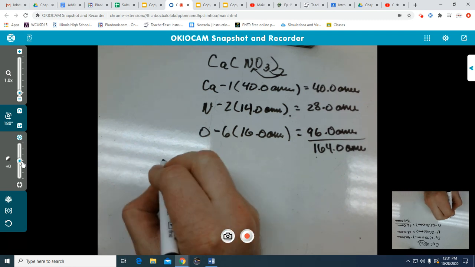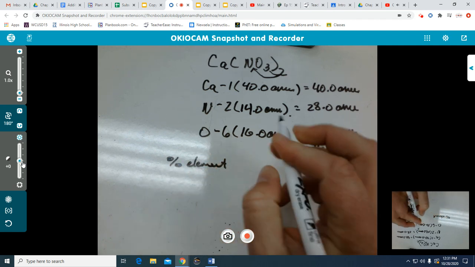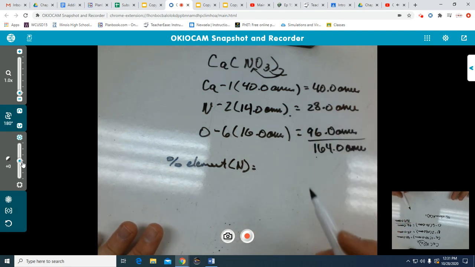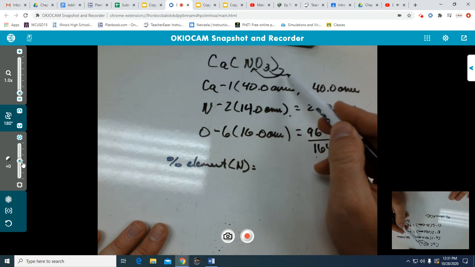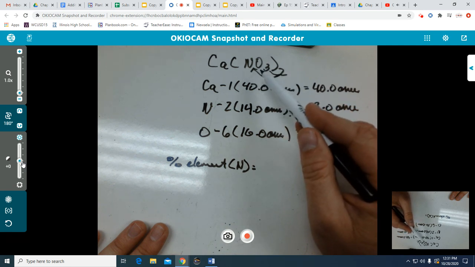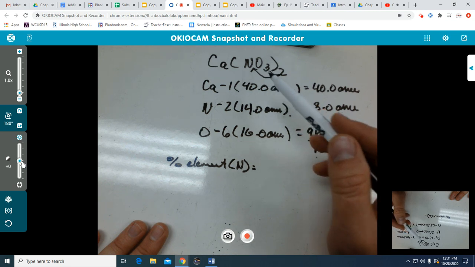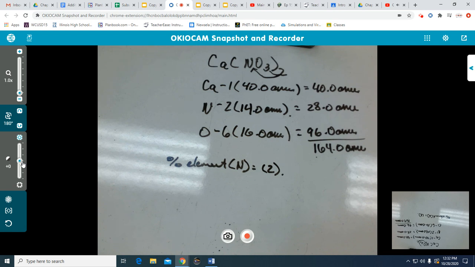Okay, so again, percent of element, which is going to be nitrogen, is going to be equal to the number of atoms. So again, looking at the formula here, Ca(NO3)2, how many nitrogen atoms are present in a molecule of calcium nitrate? If you said 2, you're a winner.